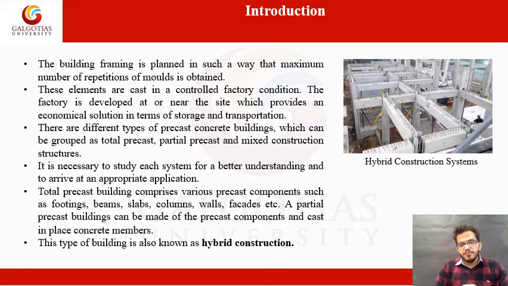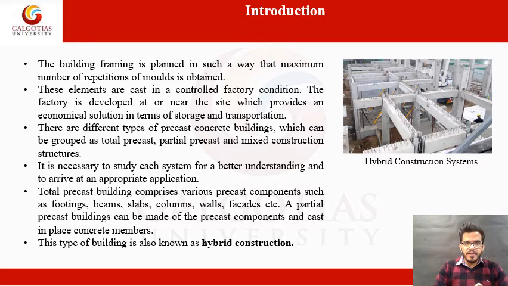There are different types of precast concrete buildings which can be grouped as total precast, partial precast, or mixed construction structures. It is necessary to study each system for a better understanding and to arrive at an appropriate application.